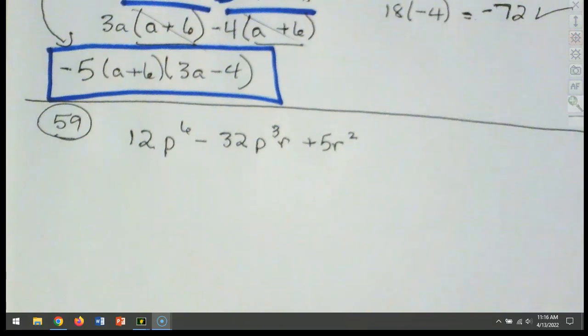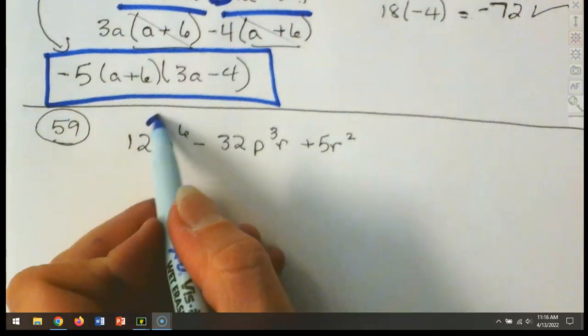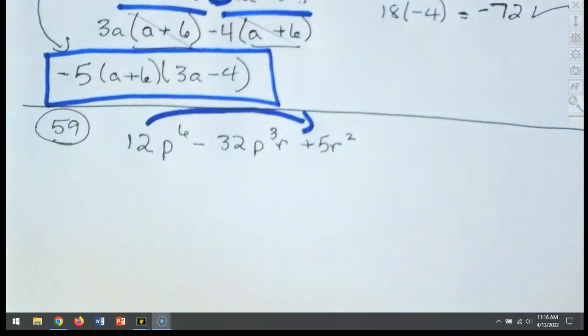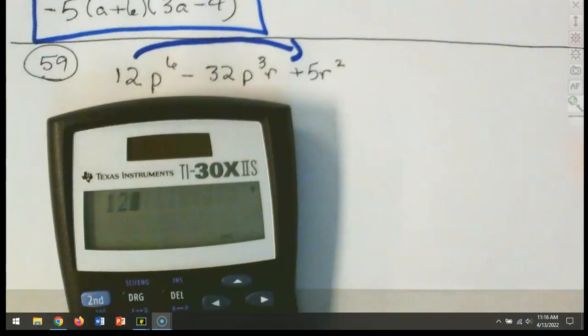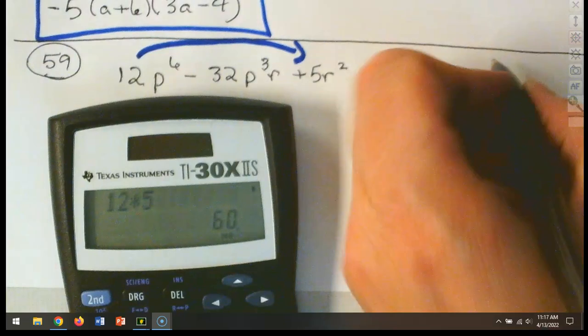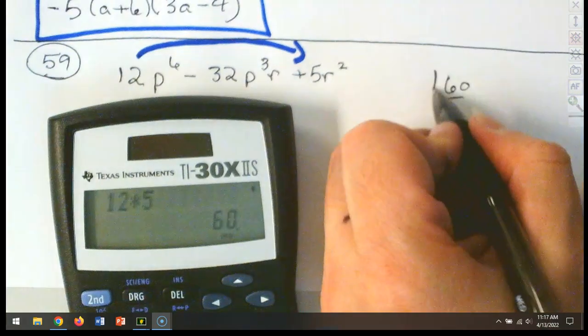It's not going to be any more difficult than the others. Nothing comes out. We take the first times the last. So 12 times 5 gives you that 60. It's a positive 60. So that goes in the box over here. So positive 60.